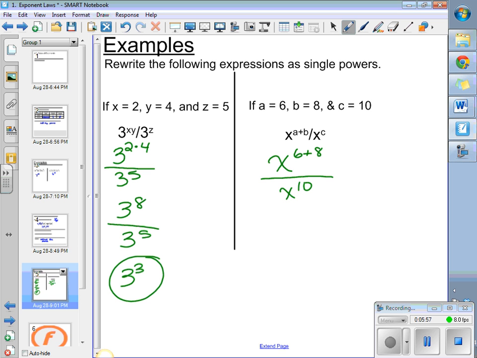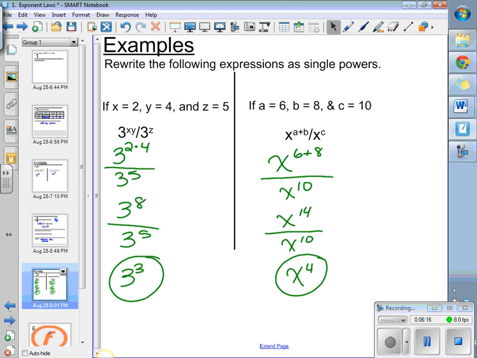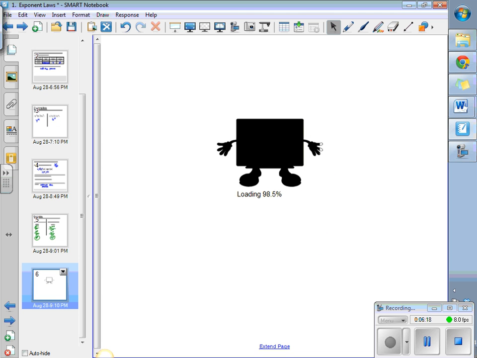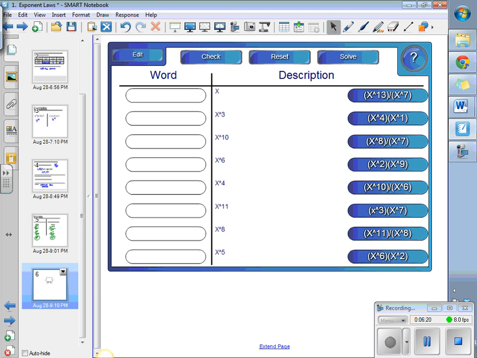So we've got x to the 14th over x to the 10th, and we subtract 14 minus 10, and we have x to the 4th, and we are finished.